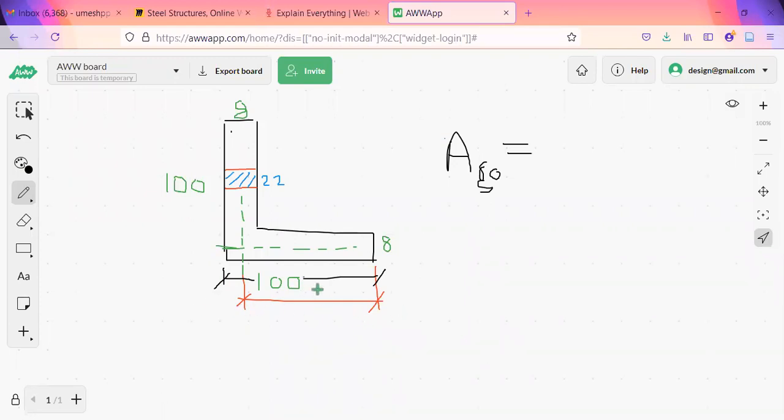If this is L1, 96. 100 minus T by 2. You agree with this?